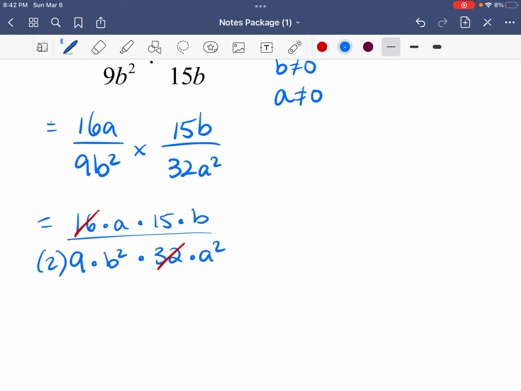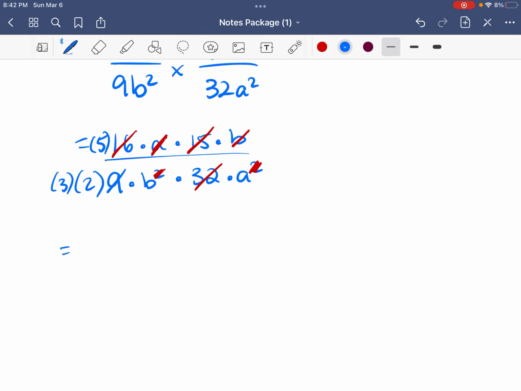I am going to be left with 2 in the denominator. 32 is twice as big as 16. The a and the a squared part will simplify. The b and the b squared part will simplify. And then 15 and 9 are both divisible by 3, so I can reduce them by 3. This reduces to 5, and this reduces to 3.